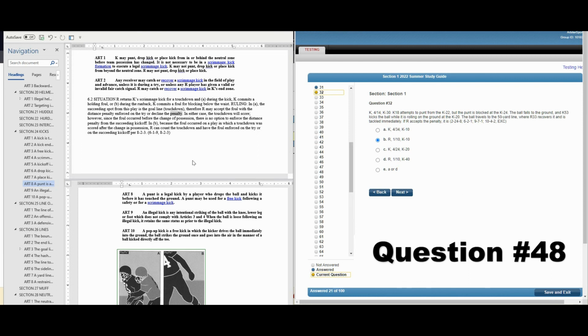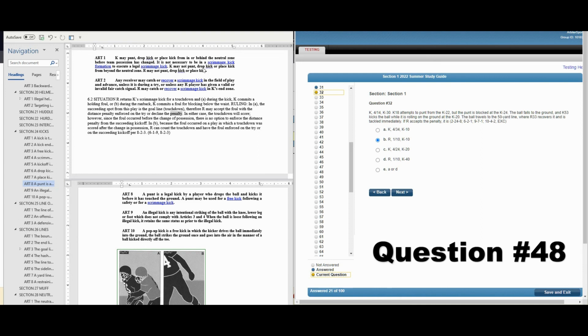6-2-1 is, where am I? Oh, here it is up here. K may punt, drop kick, or place kick from in or behind the neutral zone before team possession has changed. It's not necessary to be in a scrimmage kick formation. Remember that. You don't have to be in a scrimmage kick formation to punt.